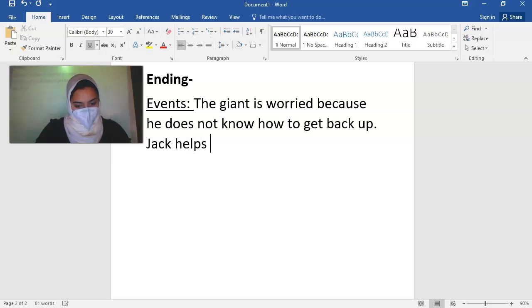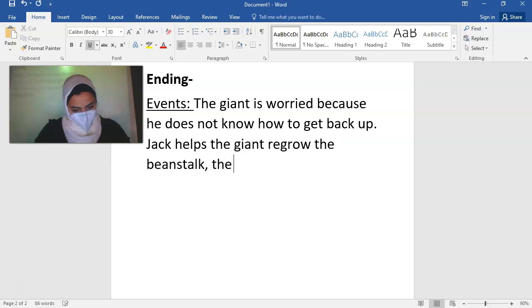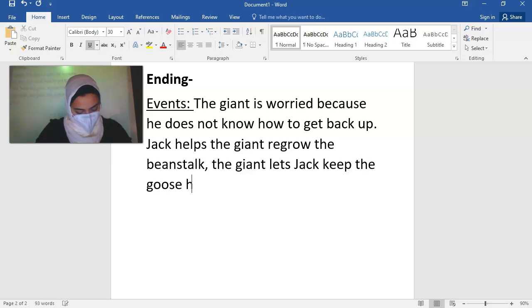Jack helps the giant regrow the beanstalk. The giant lets Jack keep the goose he had taken earlier.